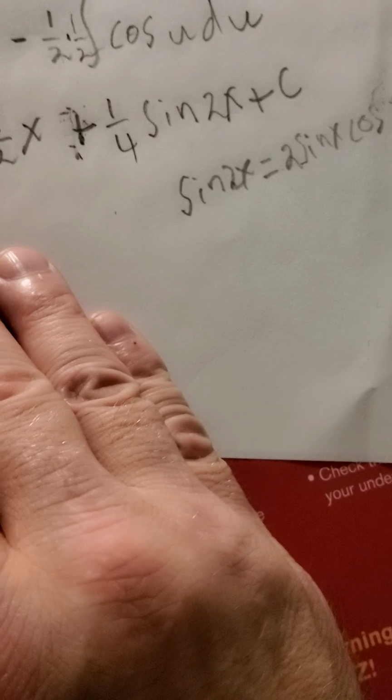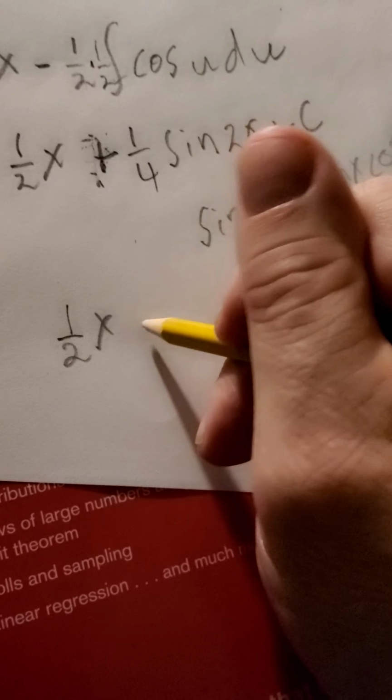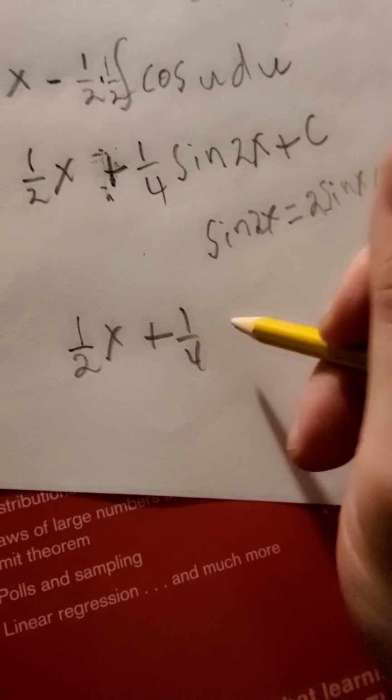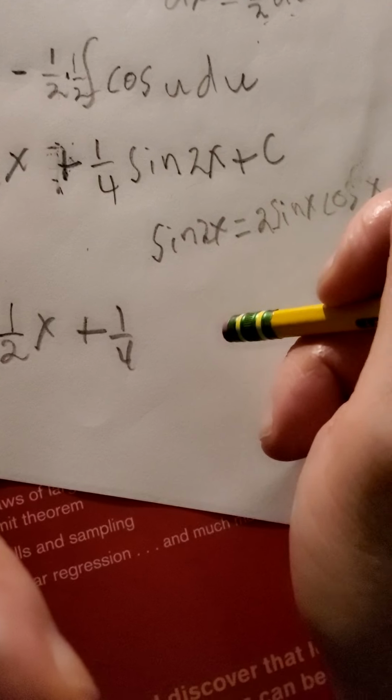Okay, so sine 2x equals 2 sine x cosine x, putting everything in the single power formula. So I'm going to rewrite this as 1/2 x plus 1/4 times 2 sine x cosine x.